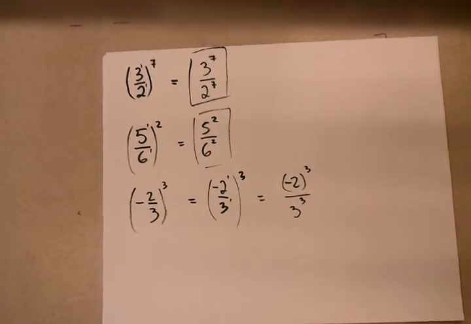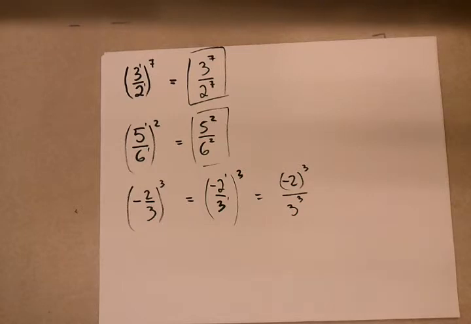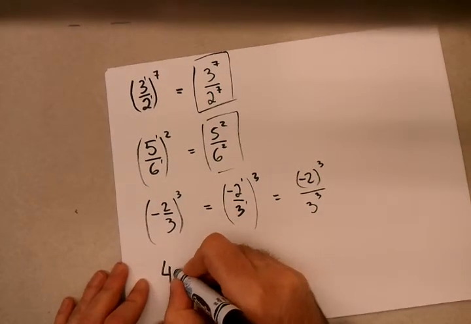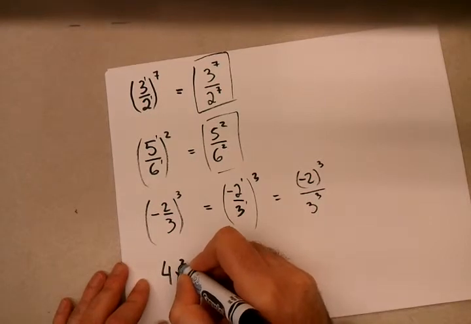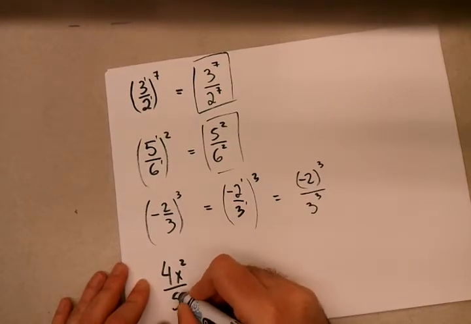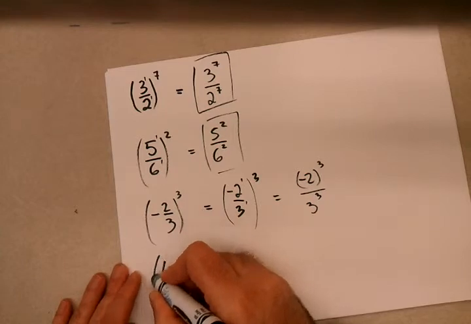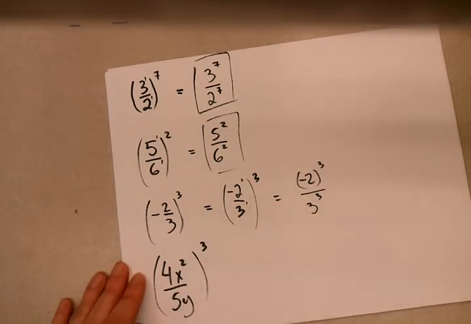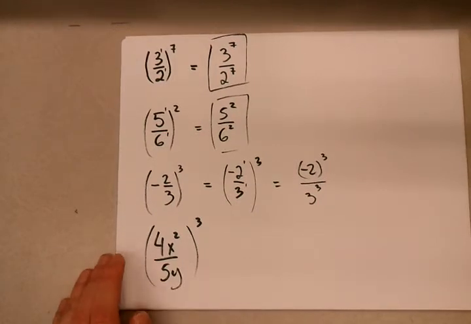Alright, one that's just a bit more complicated. Not much, but just a little bit. So we have 4x squared over 5y all raised to the third power. Now this is kind of like combining our power to the power problems and the power of a quotient problems all in one.